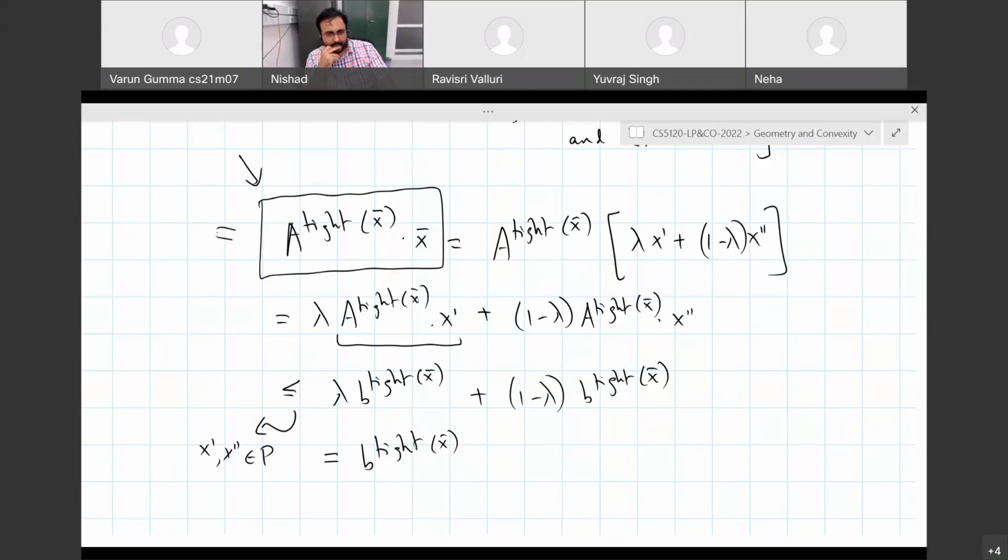Equal. It was equal to b tight x bar. Exactly. This is equal to b tight x bar because we are looking at the tight constraint. So by definition, the two vectors have to be equal, right? That's the definition of the tight constraints at the vector x bar, right?